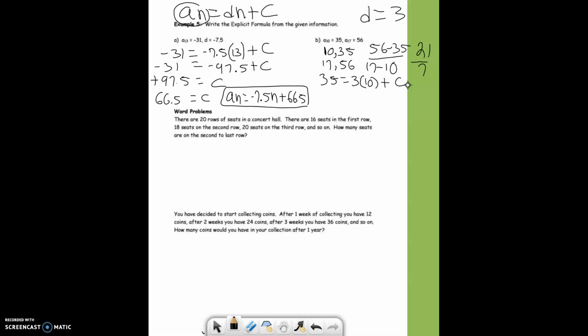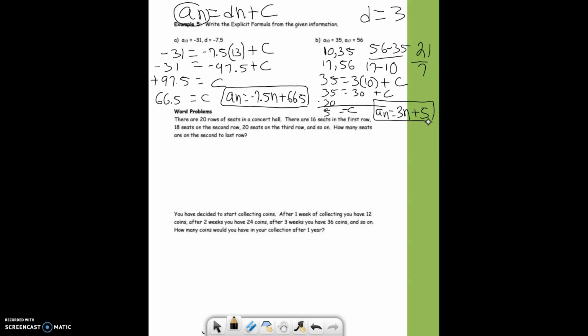So that's going to be 35 minus 30, so c equals 5. So my answer is going to be A of n equals 3n, the difference, plus 5. Again, very similar to the slope.